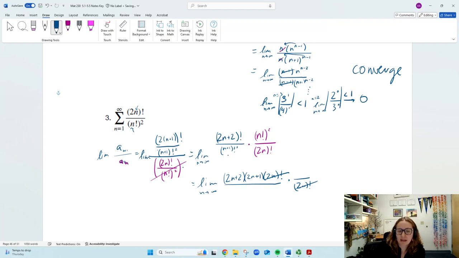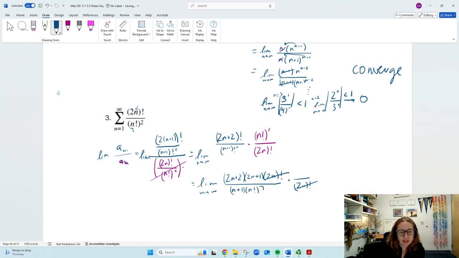Let's try that with this n plus 1 factorial, which is going to be n plus 1 times, and I'm going to leave this as just 1 less than n plus 1 is just n factorial right there.